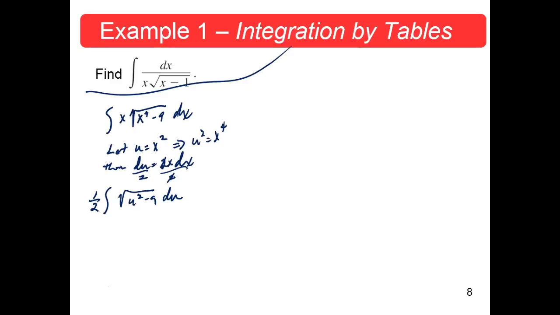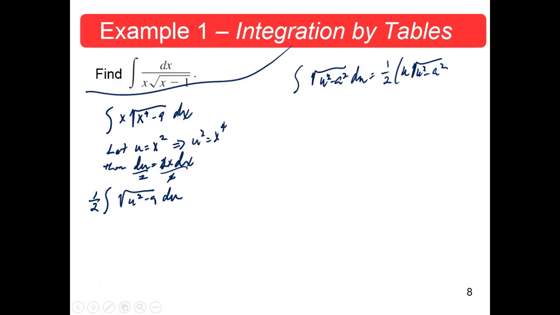You see it? And 26 tells you, this is from the integration table at the end of the book, the integral of the square root of u squared minus a squared du, and you could do this without using the table, is equal to 1/2 u times the square root of u squared minus a squared.